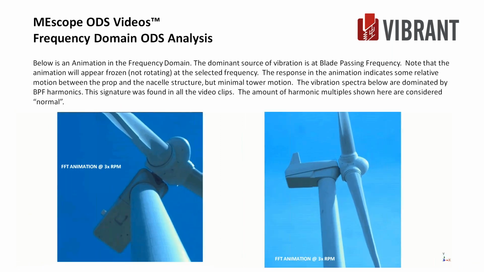This is a frequency domain ODS analysis. So in the software, you can look at the time waveforms and do movies of those. You can look at the frequency domain. The drawbacks, if you will, are on a spinning structure, it won't spin in the frequency domain. In the time waveform domain, it will rotate, and we'll see all of that exciting stuff going on. This, though, gives us an idea to see how that frequency is behaving.